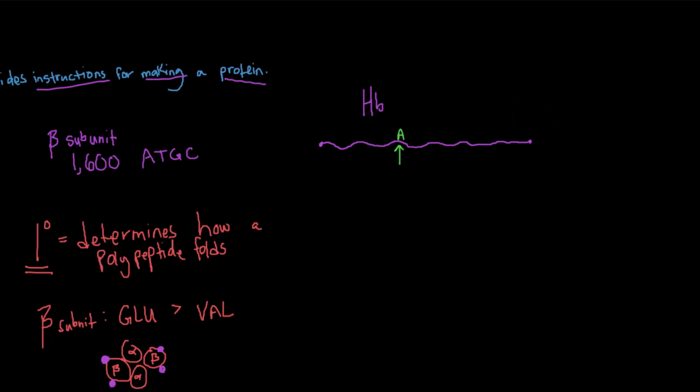Now, if that letter is A, what you end up with is the production of a normal beta subunit, and we call that HbA.